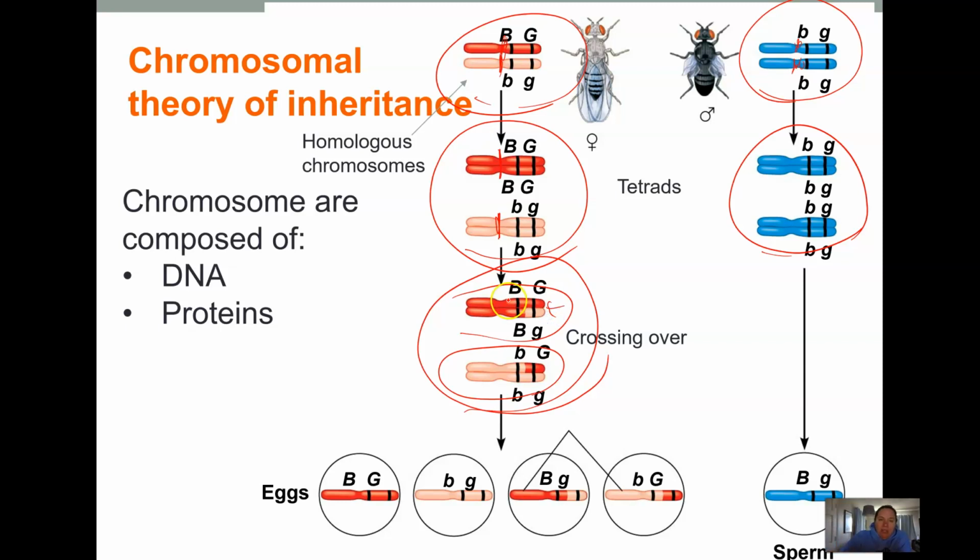So in anaphase 2, we're going to have a capital B, capital G. That's going to go here. We have a capital B lowercase g, which is going to go right here. We have a lowercase b capital G right there. And then our last possibility is lowercase b lowercase g, which would go there.